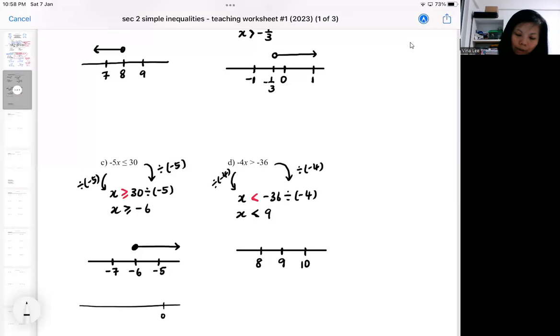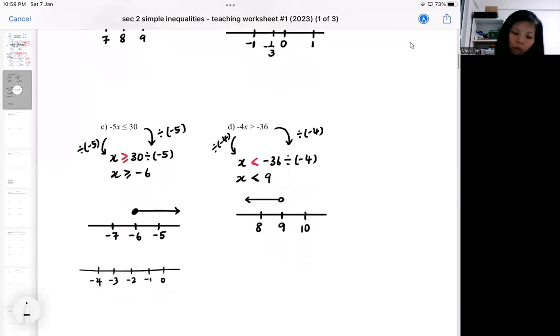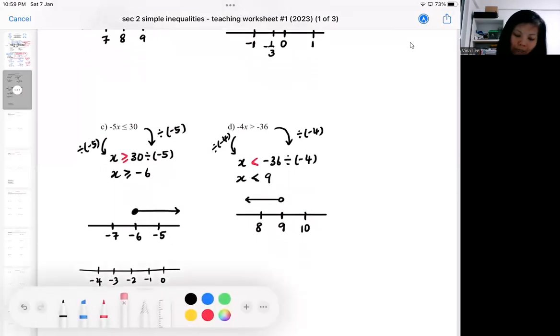Negative will be like 0, -1, -2, -3. Some people, their number line can be ordered wrongly. So it is the numbers that are smaller than 9, so it should be the numbers on the left, and that is the empty circle. So please order your number line correctly.